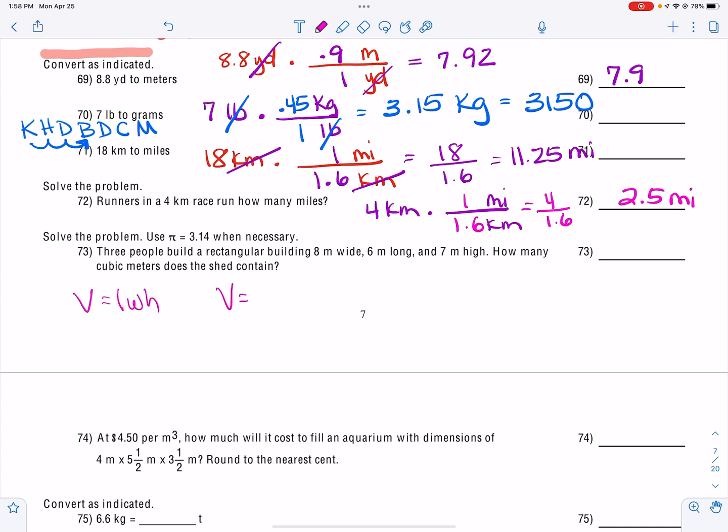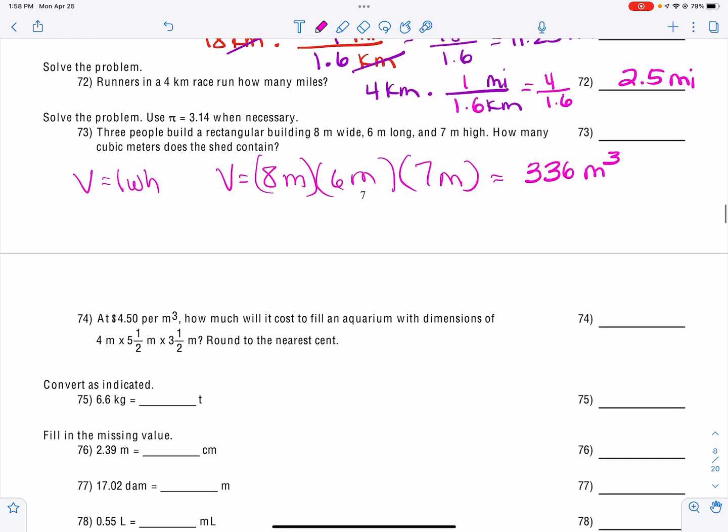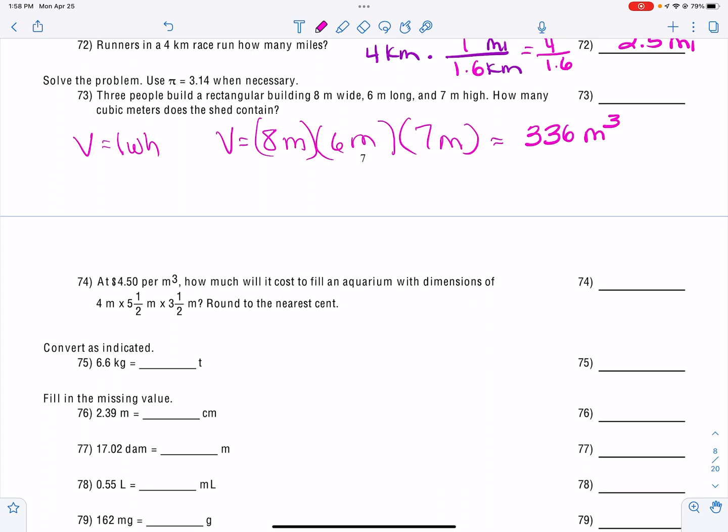So the volume in cubic meters is 8 meters times 6 meters times 7 meters. And so when I take 8 times 6 times 7, I am going to get 336 meters cubed.